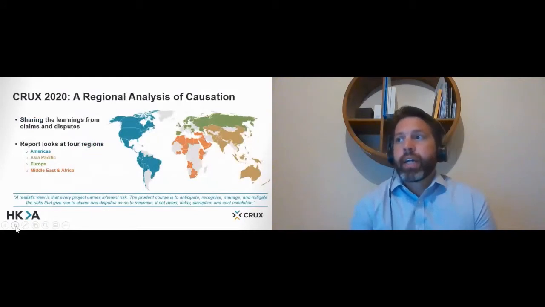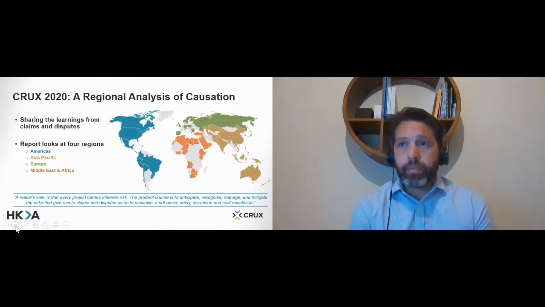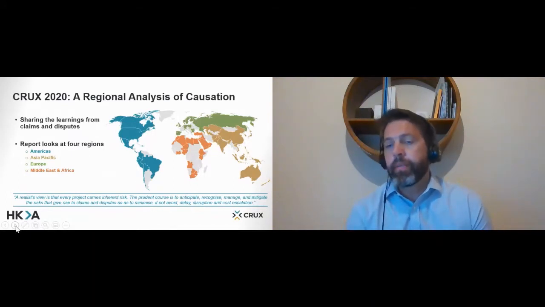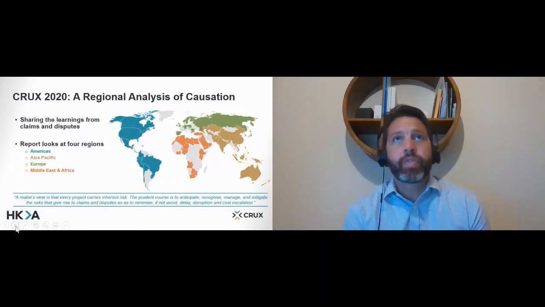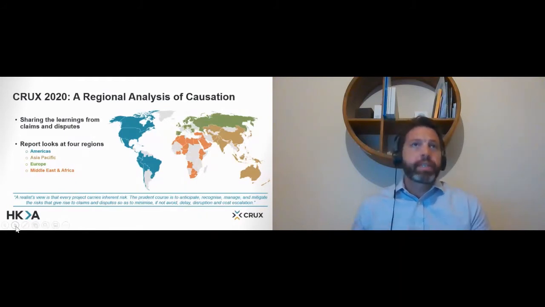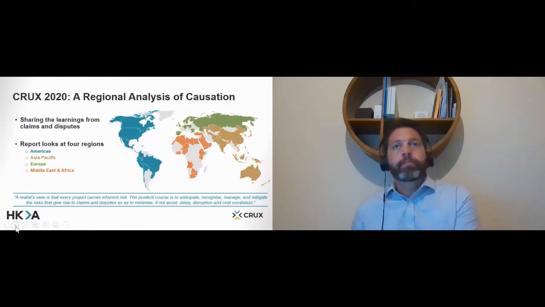From a regional analysis, we've looked right across the globe. I've put up here the countries that are covered. We've got the Americas, Asia Pacific, Europe, and the Middle East. And I put a quote up here, but the main thing I want to get across to you guys today, and where I think this data is really useful, is you can look at this data and say, okay, for example, in the Middle East on a lump sum job for oil and gas or offshore, these are the types of causations of disputes.